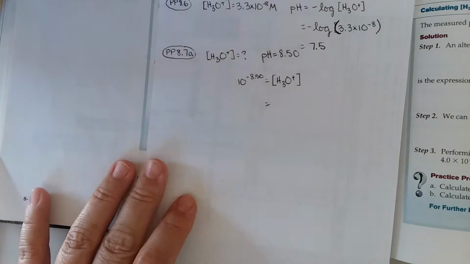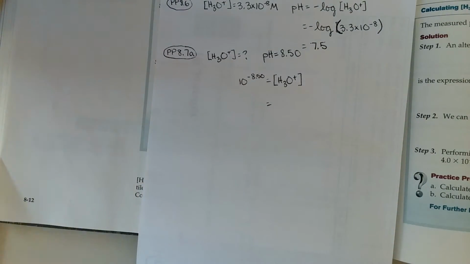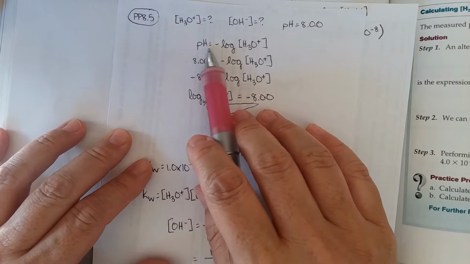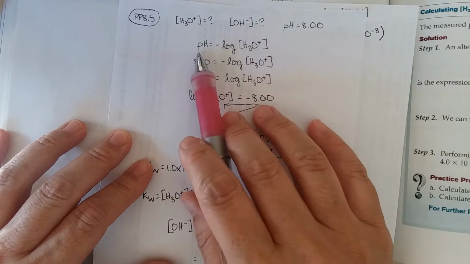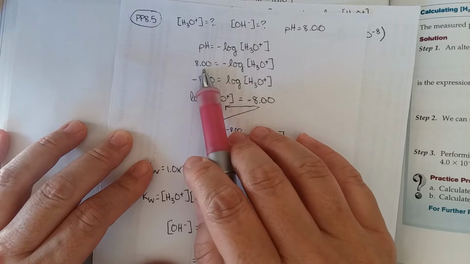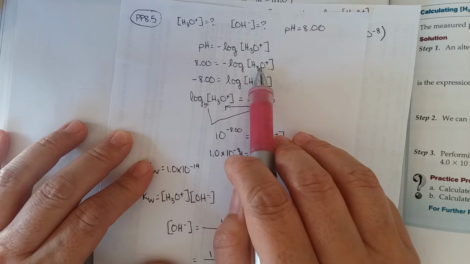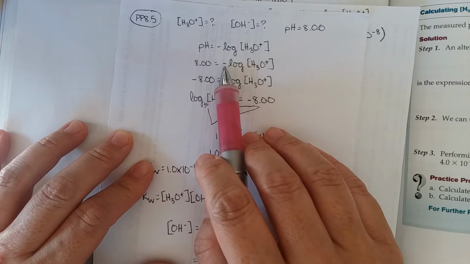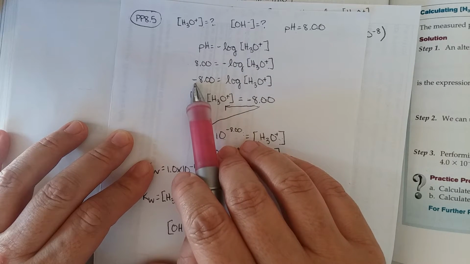And that's easy to stick in your calculator. And just in case you haven't watched the previous video, it comes from this. So we have the pH formula, and we stick in our pH, and we need to find the hydronium ion concentration. We divide both sides by -1, or we just move the negative sign over.